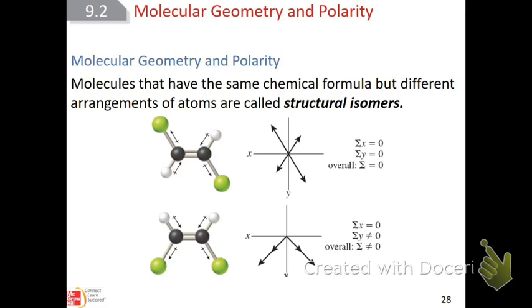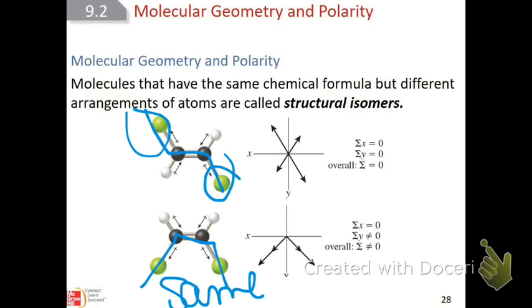And the trans is on the opposite sides. So that top one there is trans because the two oxygen atoms are on opposite sides. Trans, opposite sides. Cis, same side. And they're called structural isomers.